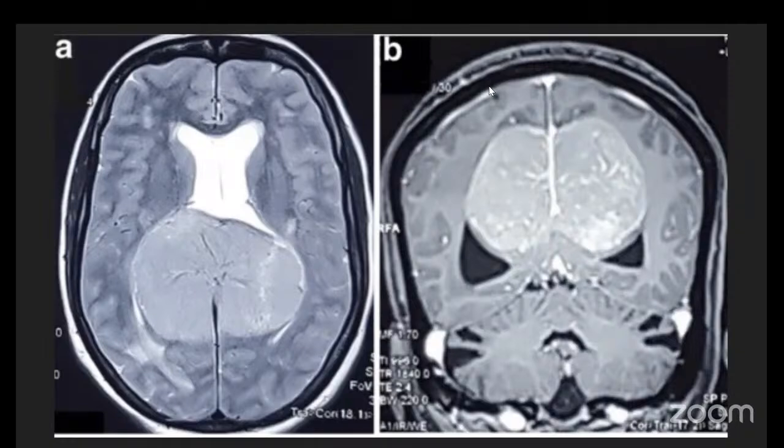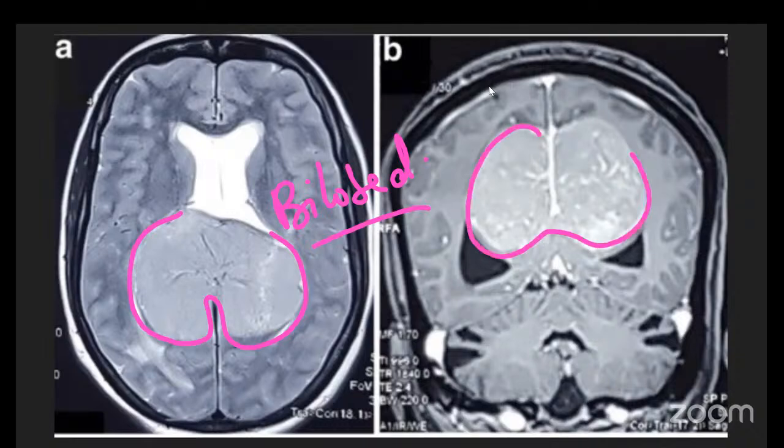This is a butterfly or bilobed falcine meningioma, a very specific type where the meningioma crosses the midline and is on both sides of the falx, hangs down like a ball or like an apple or a butterfly, and these tumors are classified in a different way. This is a neuroclassification from 2017. I have linked the article below. Let's get to another image.